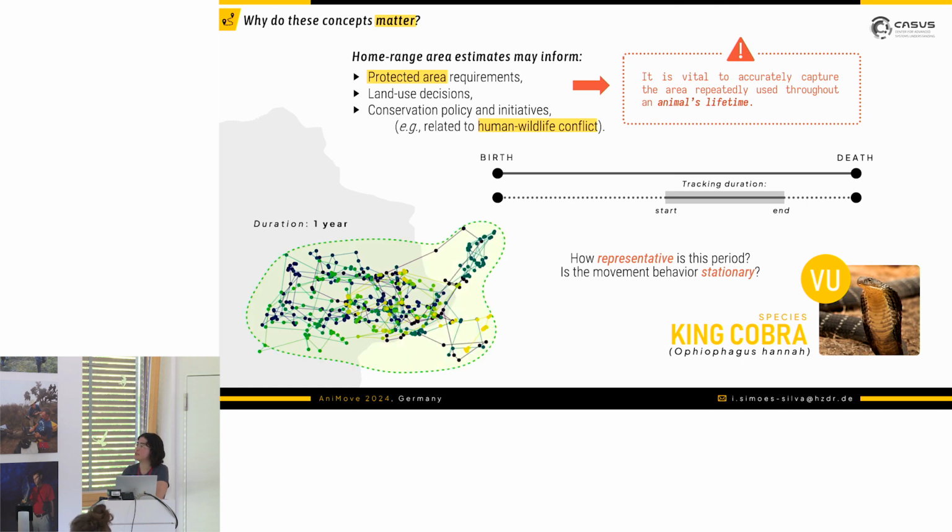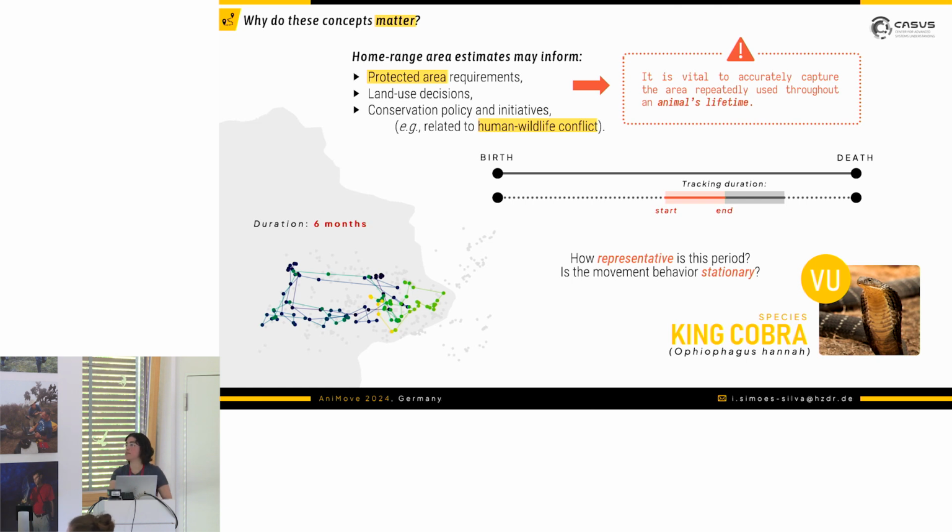So obviously, if we do a home range estimate over this individual, we do know that it is going outside, and these areas are equally as important for the animal, right? But the thing to consider here is that we went out and collected data for 1 year, right? So what if we had only done it for 6 months? Imagine the animal died within 6 months of data collection.